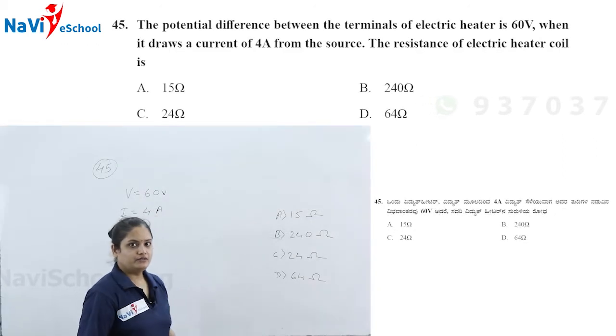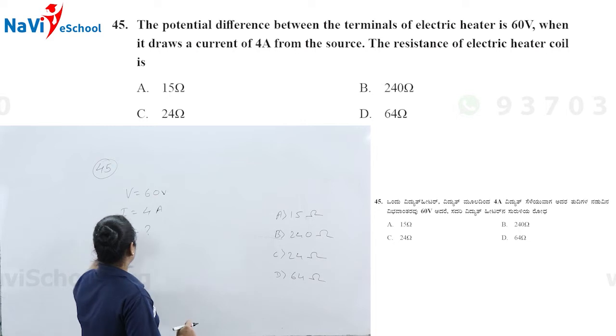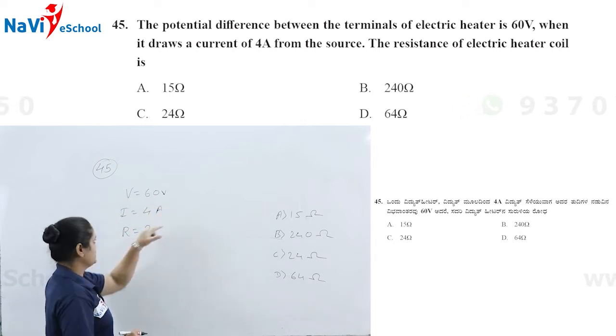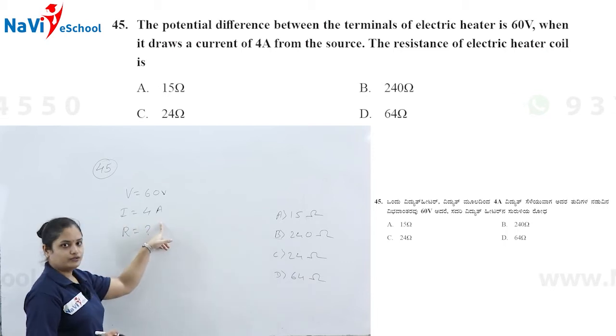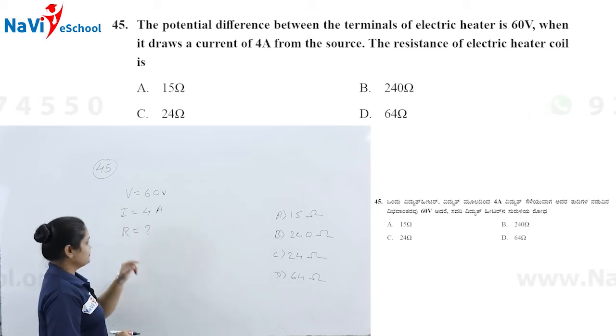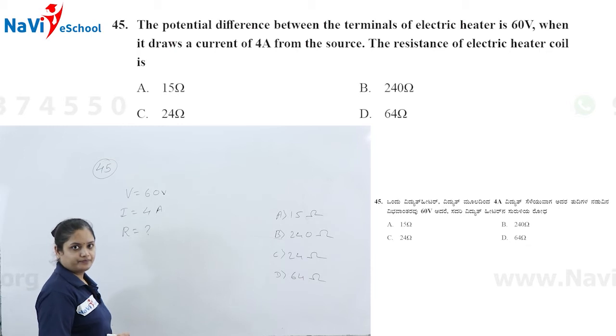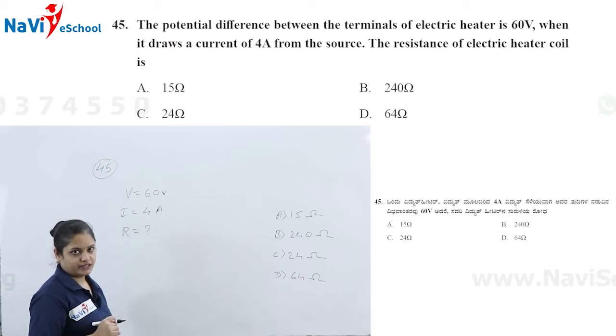So from the question we can say that V is equal to 60 volt and current I is equal to 4 ampere. Therefore, what about the resistance? We have to find it out.